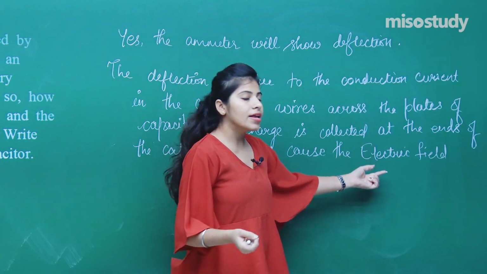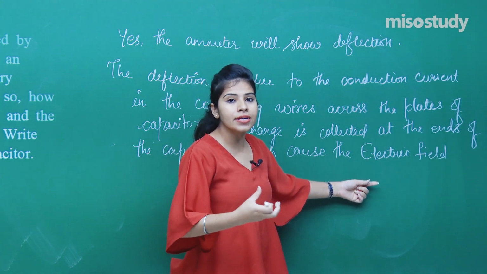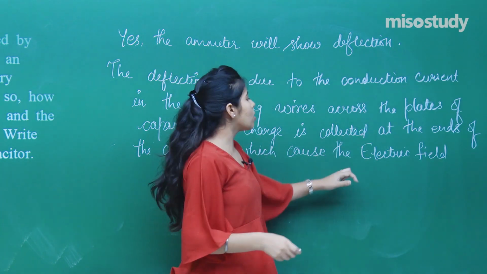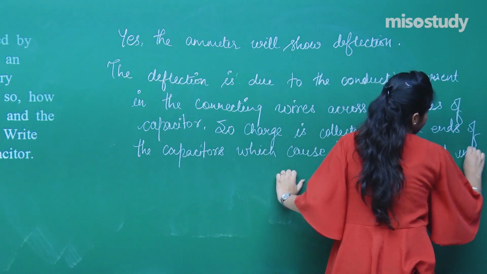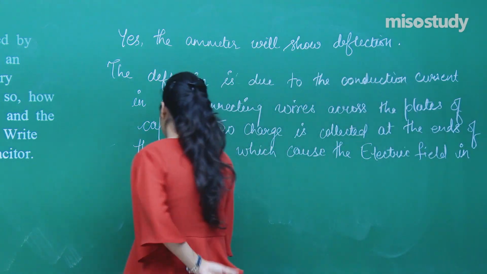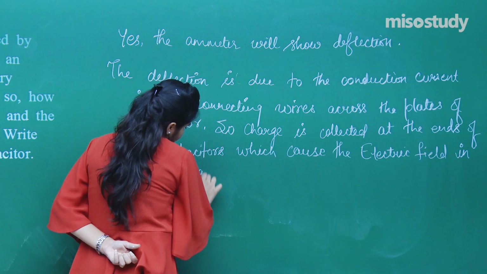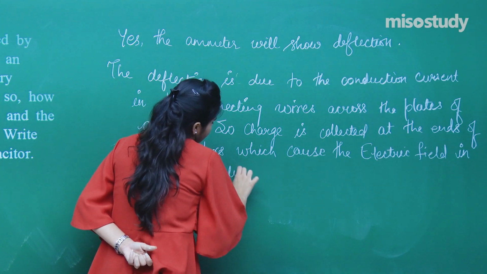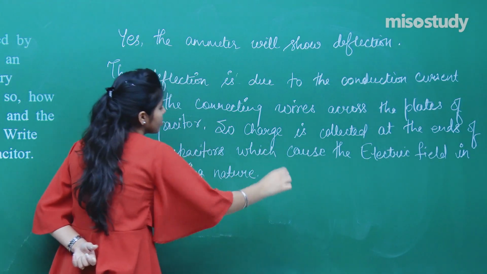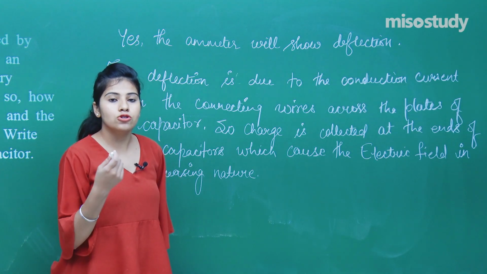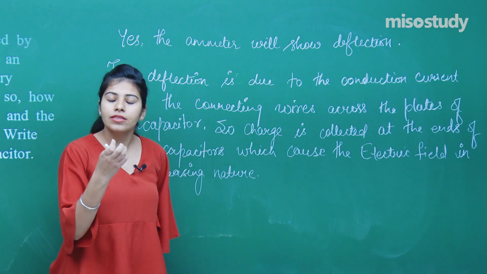So, the electric field is in increasing nature. Now, since the electric field is present, there should be a deflection in the ammeter.